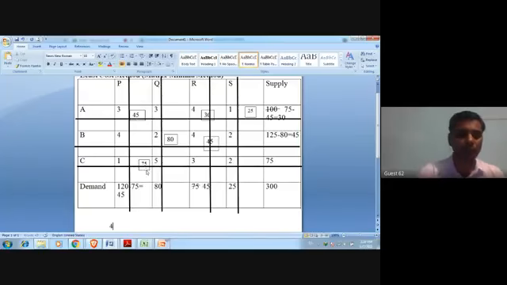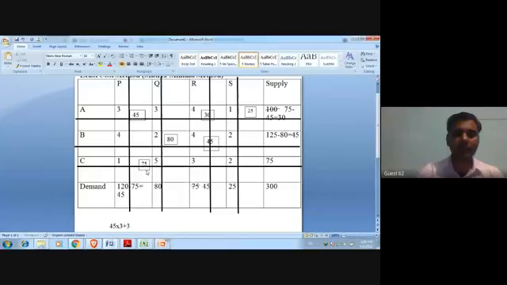Okay, so 45 into 3. This is the cost for A to P, plus how many units are given to R? 30 units, and the per unit cost is 4.